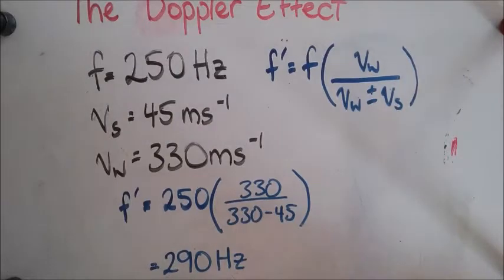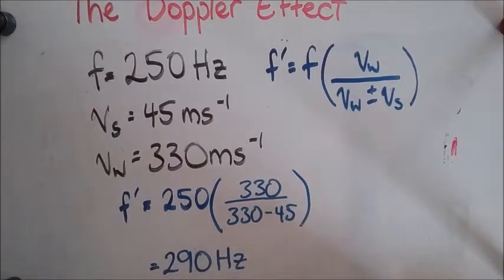This is where you can ask, did I actually do that the right way around? If you're approaching and your f dash is smaller than 250, a lower frequency than 250, you know that you got your plus and minus sign the wrong way around. Better go and fix that.